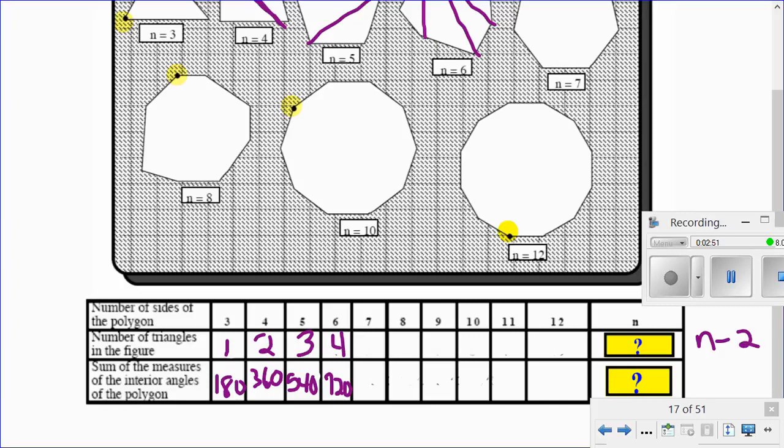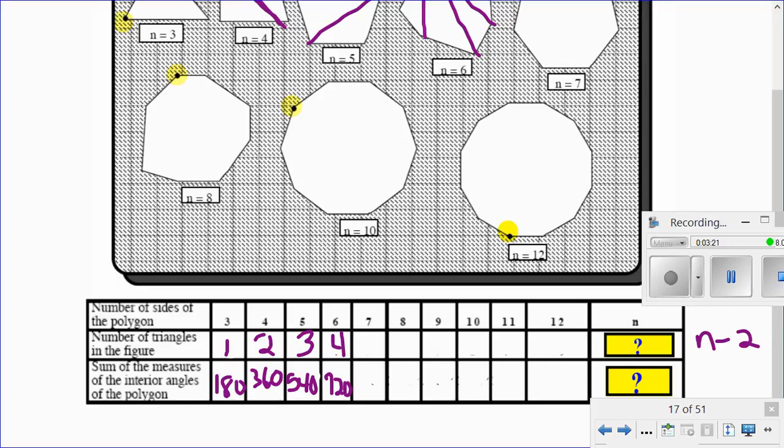Now, the sum of the measures of the interior angles. Well, back to the triangle. There was only one triangle, which was represented by n minus 2, and then we have to take that times 180 because we know every triangle is 180 degrees. So for the quadrilateral, there were 2 triangles. 2 times 180 is 360 degrees. So every time, after we subtract 2 from the total number of sides, we multiply that by 180.